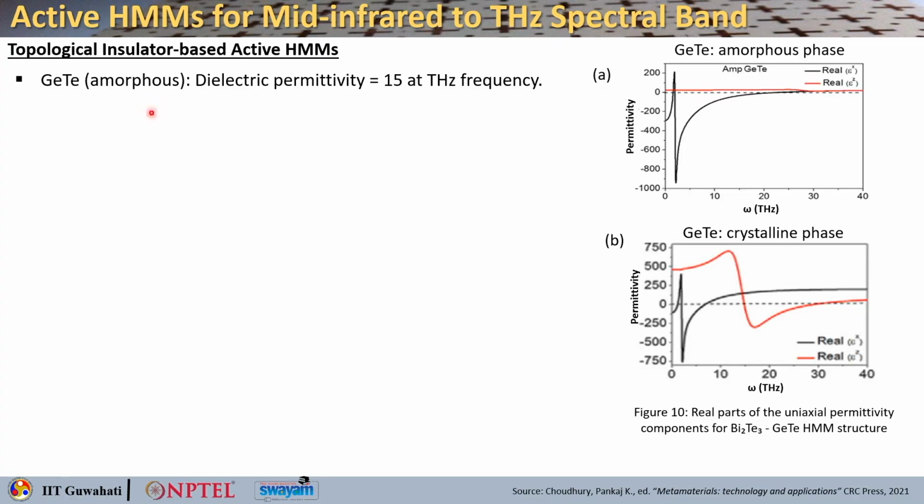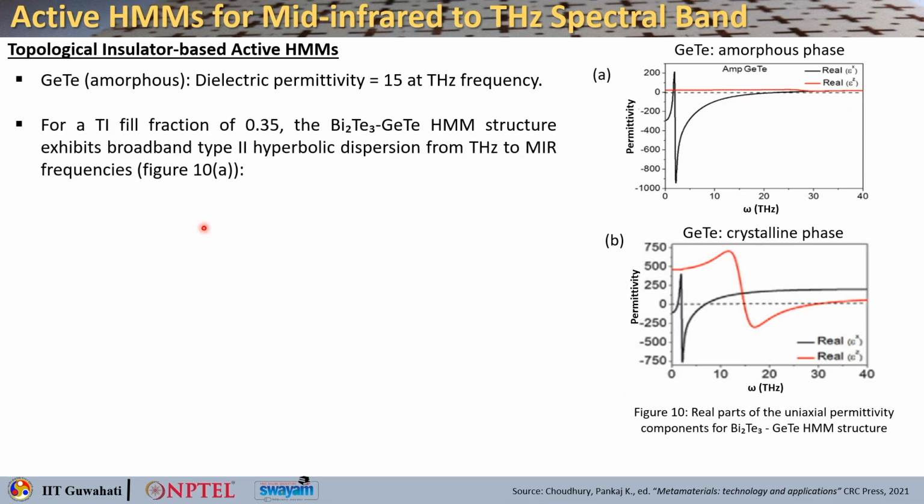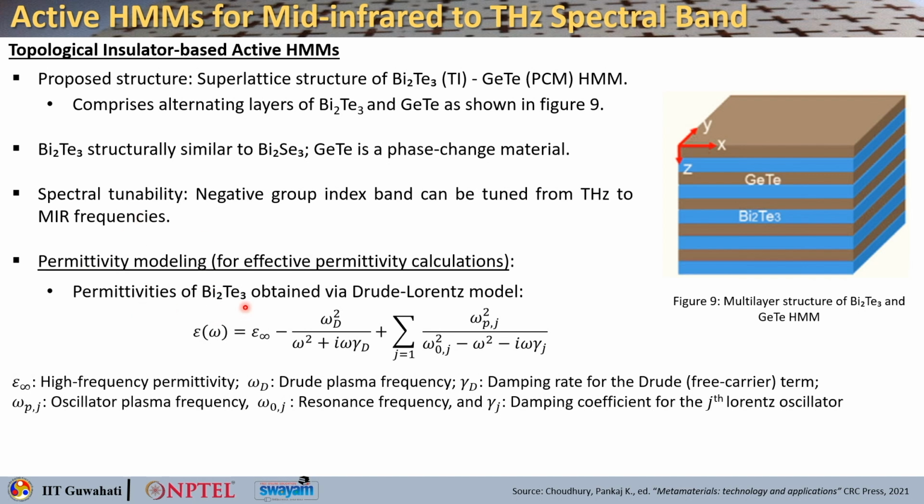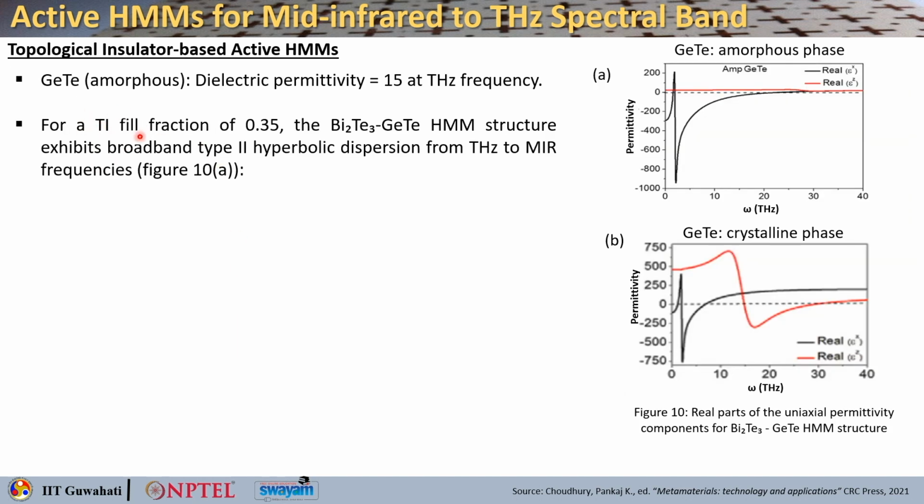For the case of germanium telluride, you can see that the amorphous phase has a dielectric permittivity of 15 at terahertz frequency. Okay. So if you consider this bismuth telluride, or the topological insulator, to have a filling fraction of 35% or 0.35, this structure can actually give you an HMM kind of structure, which will exhibit a broadband type 2 hyperbolic dispersion from terahertz to mid infrared frequencies, which you can also see here.